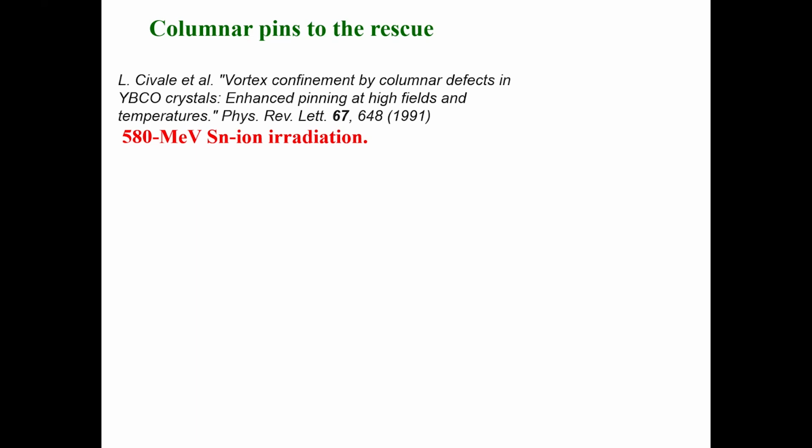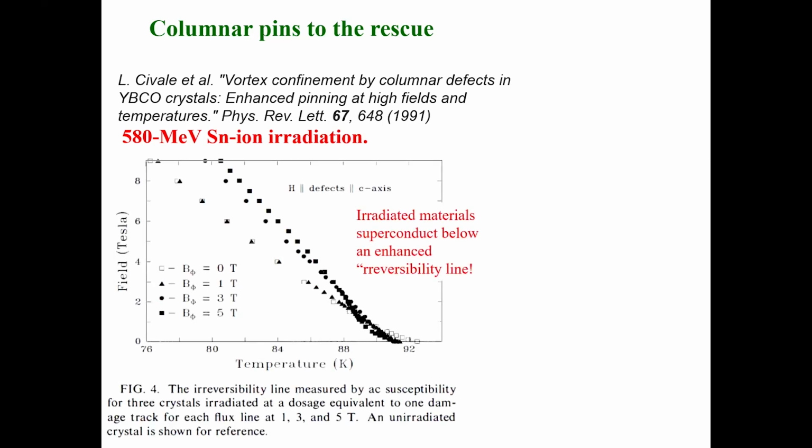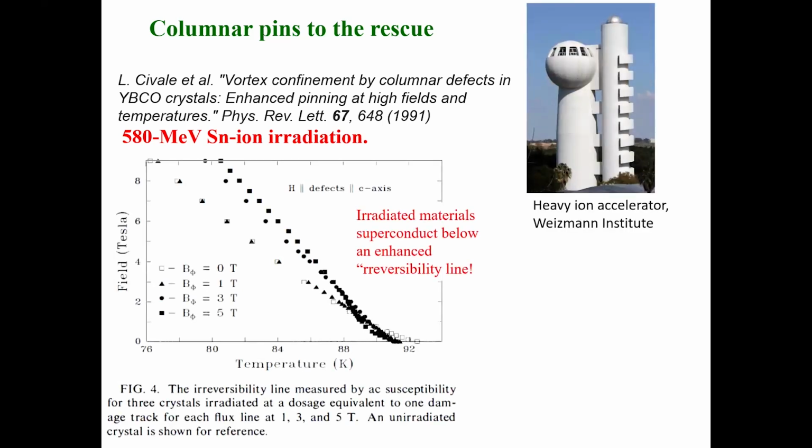Nuclear physicists discovered, again, in ancient times, previous century, I have to confess, that you could make friends with nuclear physicists and have them use their heavy ion accelerators to do something remarkable.